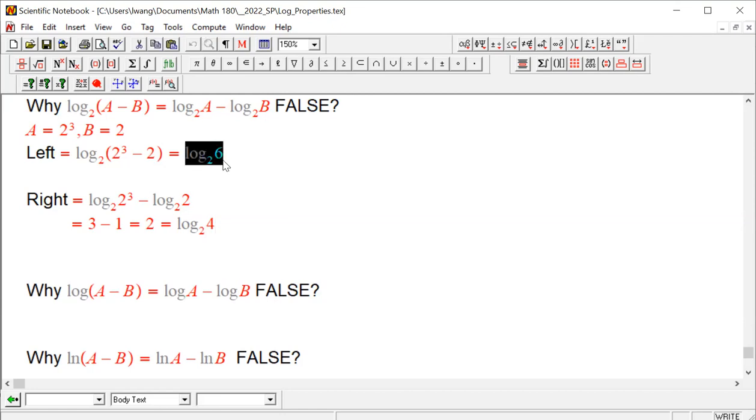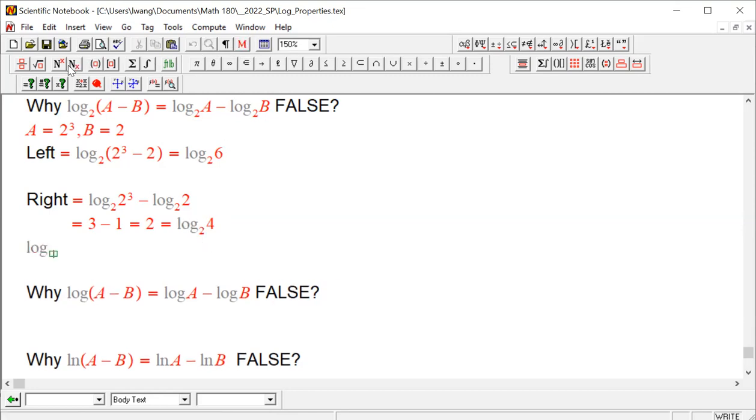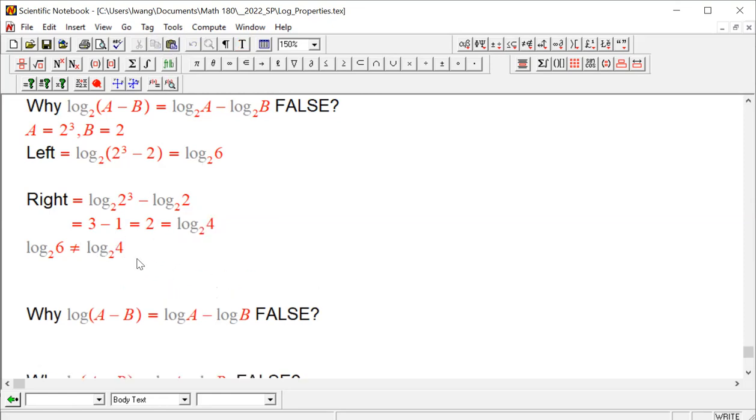Do you think log base 2 of 6 and log base 2 of 4 are the same? Of course not. Log base 2, if you remember, is an increasing function, or a one-to-one function, so when the inputs are not the same, the outputs are not the same. So log base 2 of 6 and log base 2 of 4 are not the same. What does that mean?